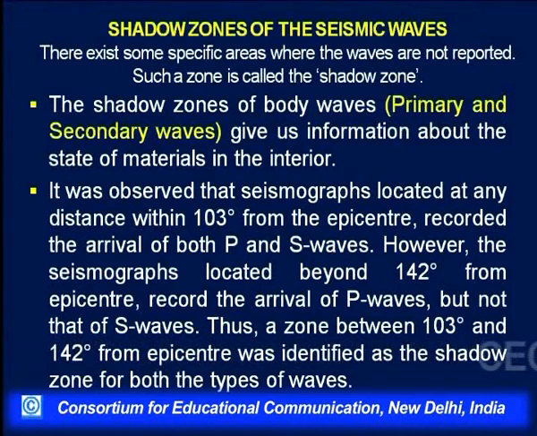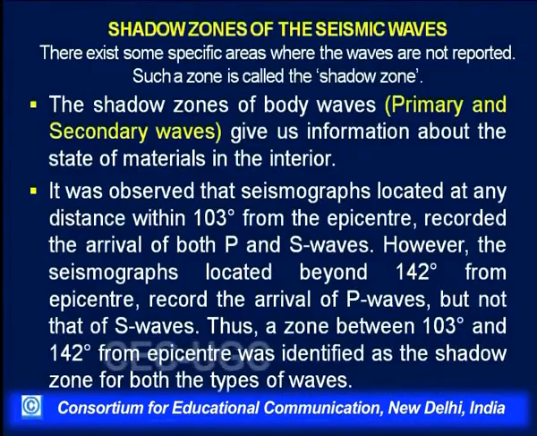That means the shadow zone of primary waves is from 103 degrees to 142 degrees, whereas the S wave has its shadow zone even beyond 142 degrees in the earth.